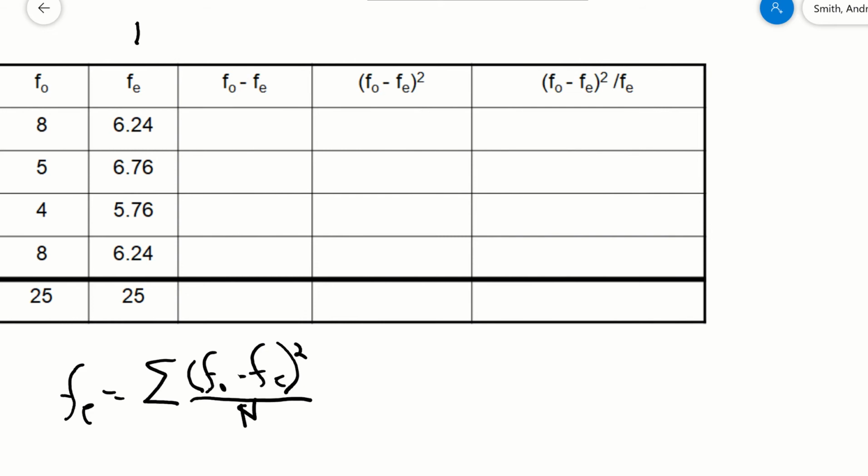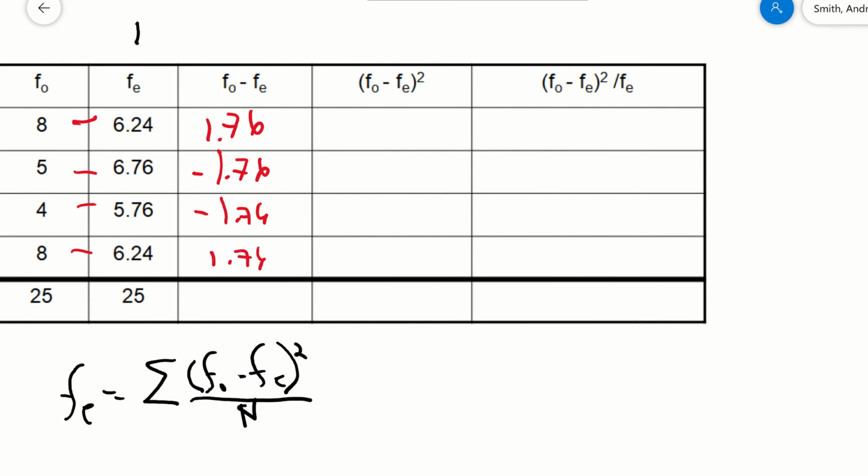So 8 minus 6.24 is 1.76. 5 minus 6.76 is negative 1.76, right? 4 minus 5.76 is also negative 1.76, and 8 minus 6.24 is 1.76.